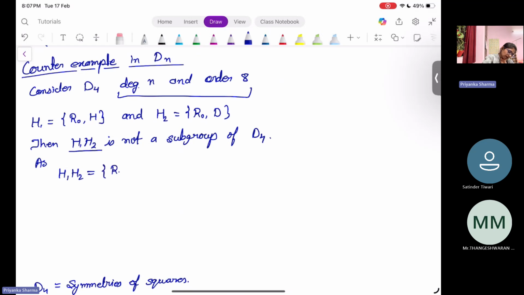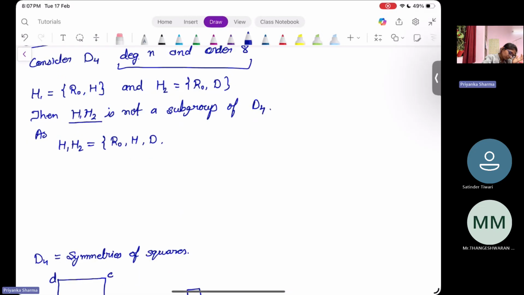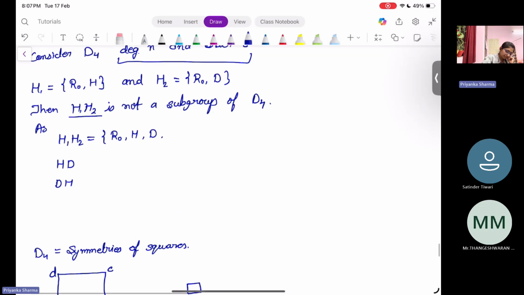We will have R naught in this, we will have H in this, we will have D in this, we will have powers of H and powers of D in it, but H square will be R naught, D square will be R naught, so powers are already there. We need to check HD and DH, what they are. We write those elements here, and then we need to check whether that set will form a subgroup or not.